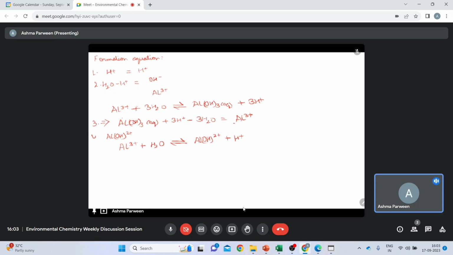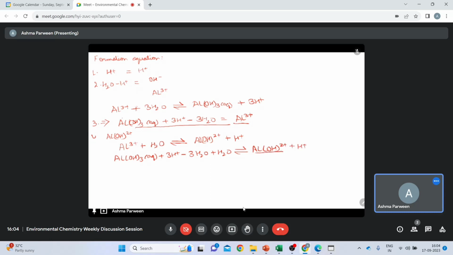Either we can write Al3+ from this equation, so let's write from that equation: AlOH whole 3 aqueous plus 3H+ minus 3H2O. Next is plus H2O, giving us AlOH 2+ plus H+.